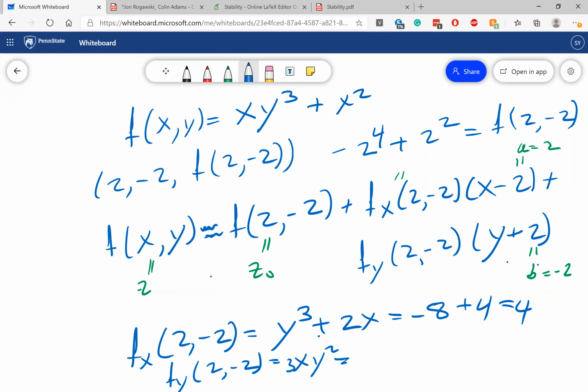Then we have 3 times 2 times 4, which is 6 times 4.